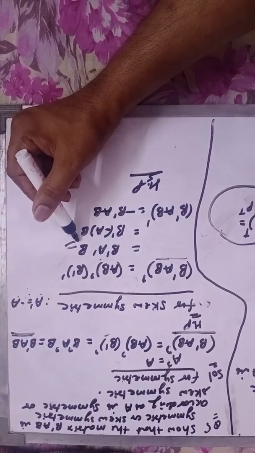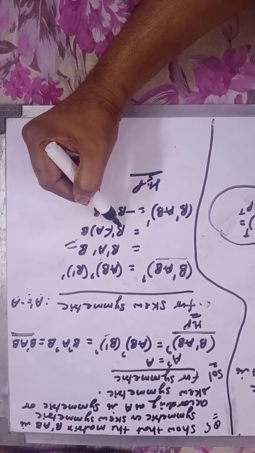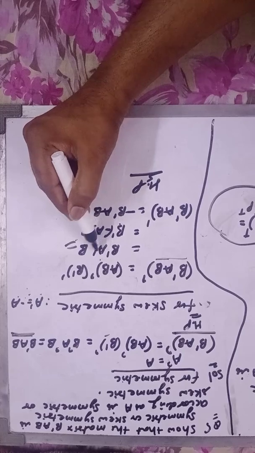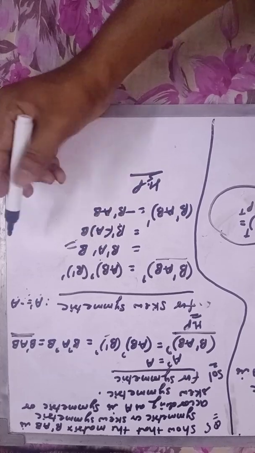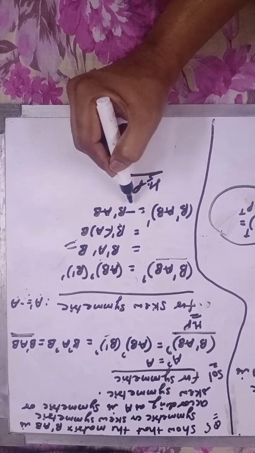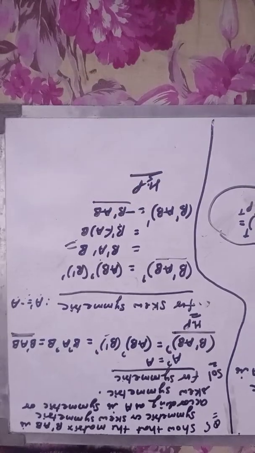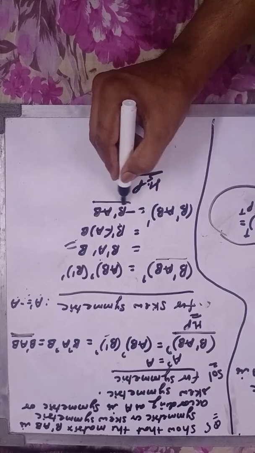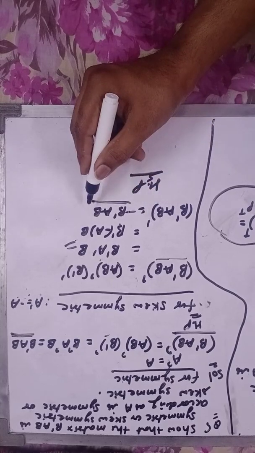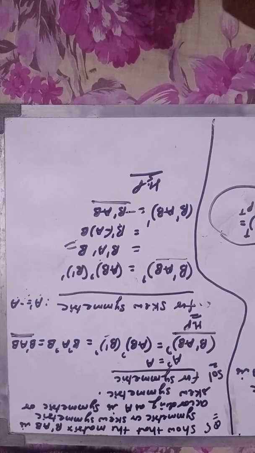After this step, B dash remains B dash, A dash becomes minus A, and B remains; the negative sign comes outside. If the transpose of this matrix is the negative of this matrix, then it is the condition for a skew symmetric matrix. Hence it is a skew symmetric matrix.